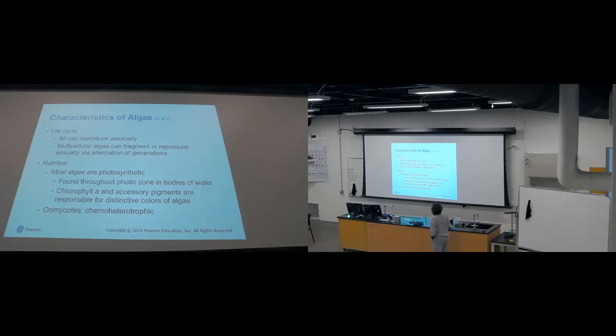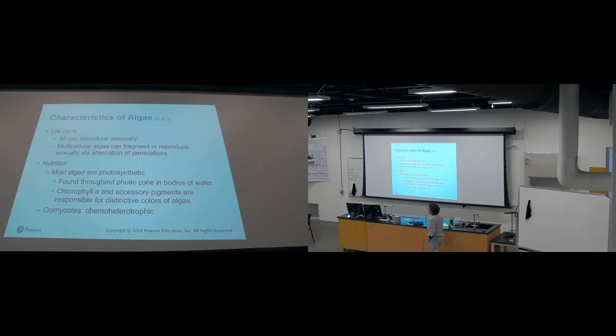Life cycle. So all algae can reproduce asexually, and then we have some algae that are multicellular that can fragment, and then they can reproduce sexually. So they can alternate this reproduction. And then nutrition, most of them are photosynthetic, and they have chlorophyll A that helps them to catch the rays of light, and then they carry out photosynthesis.